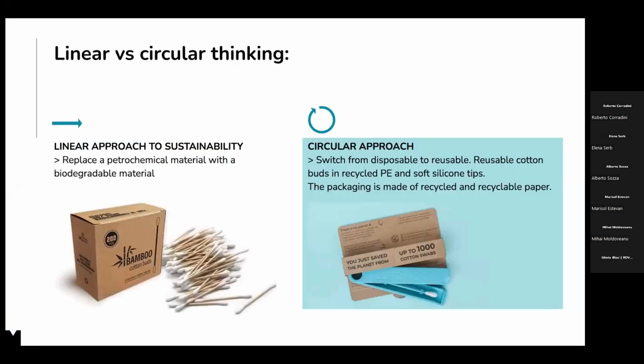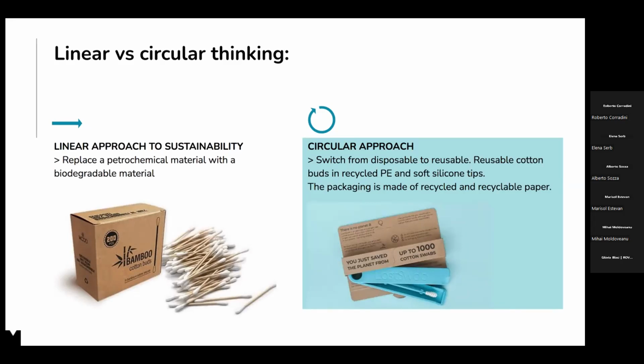Just to make an example, there is a difference between, let's say, linear sustainable thinking when it comes to materials, for instance, and a circular approach. So this is just an example to make it clear. When you think of cotton buds, for instance, before the SUP regulations, those would be made of plastic, no?